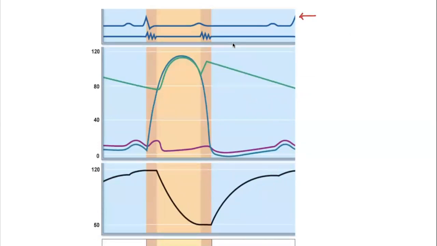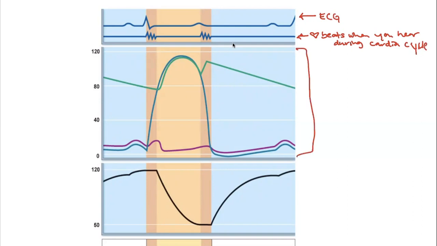There's this right here, which is the ECG or electrocardiogram. This right here is heartbeats when you hear them, during the cardiac cycle. This right here is really talking about pressure.